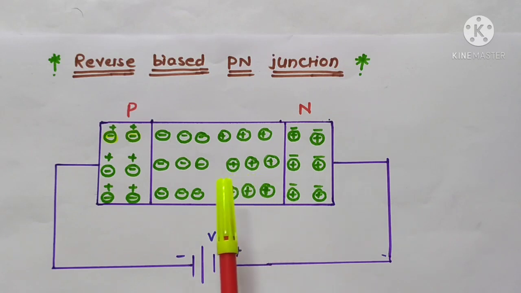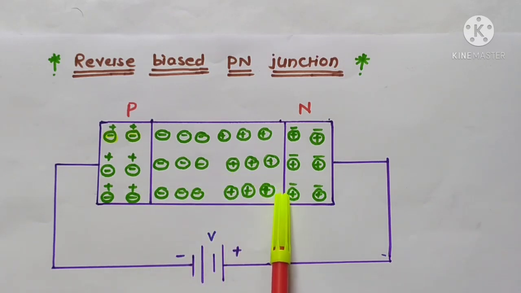Okay, and we know that due to that there is virtually no flow of current due to the majority carriers, but in this case due to the built-in electric field, minority carriers in both regions will be able to cross the depletion region.